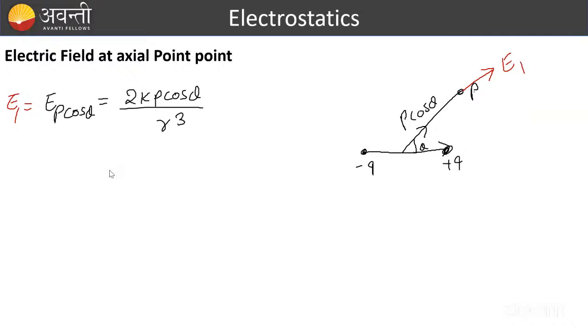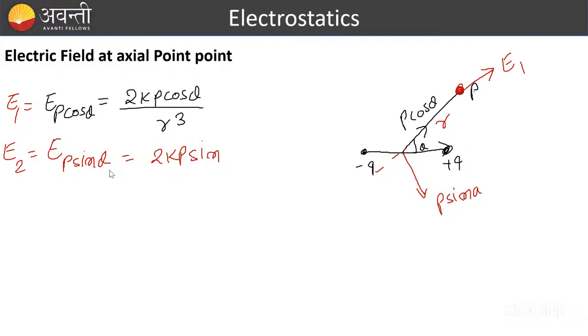Now what about P sin theta? For P sin theta, this is an equatorial point, at a distance r. The electric field because of P sin theta will be, sorry, not 2kp. What is the formula at an equatorial point? kp by r cube, so here it is k P sin theta by r cube.